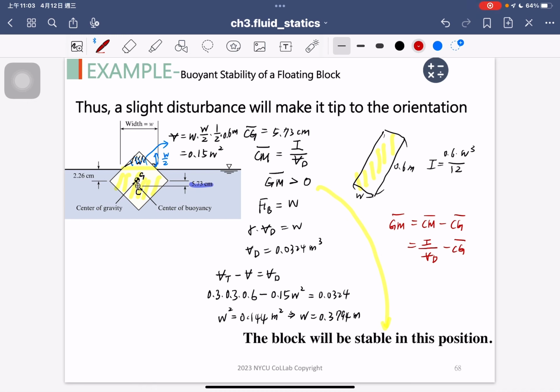The CG distance is always easy to identify based on our problem, because our problem always has a symmetric shape, so it is very easy to identify the points C and G. You only need to know the second moment, and then you can compute the GN distance. Again, if the GN is positive, we say that it is stable. If it is negative, we say that it is unstable.